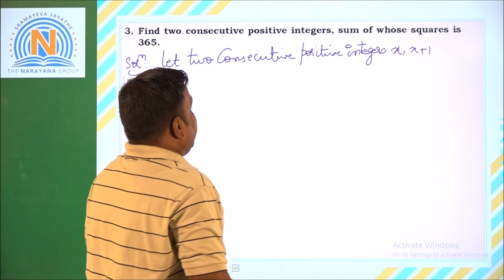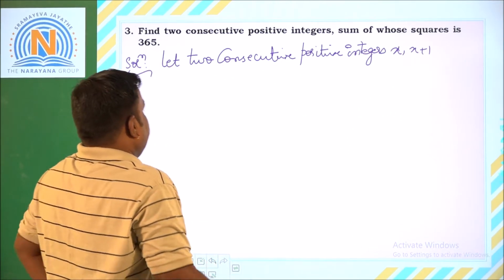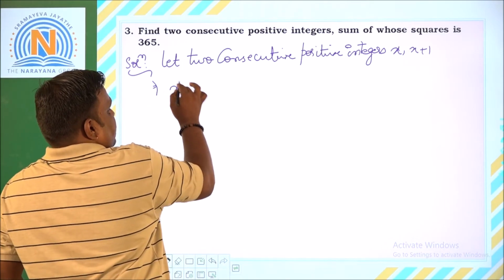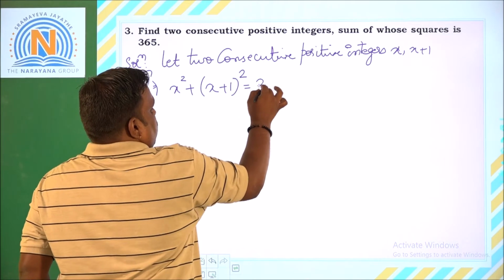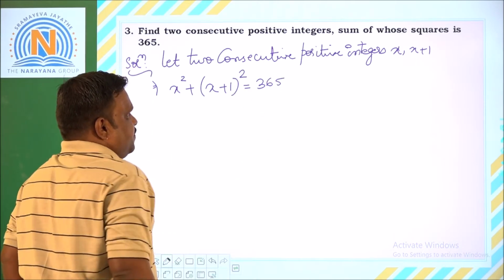So here it is mentioned clearly, sum of whose squares is 365. So that means x square plus x plus 1 whole square is equal to 365.